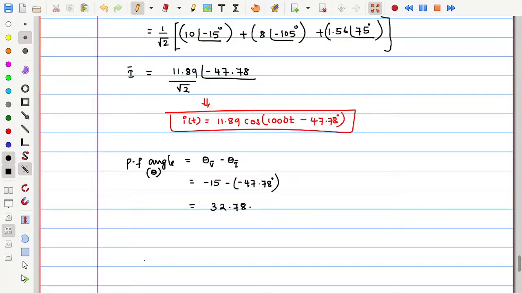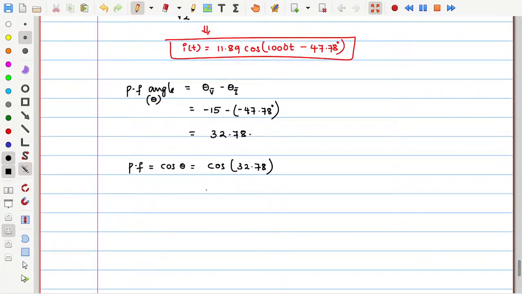Generalized symbolic representation is theta. If you need the power factor, it is cos of this angle, which is equal to cos 32.78. Because the angle is positive, this is lagging in nature. Cos of this is 0.84 lagging.